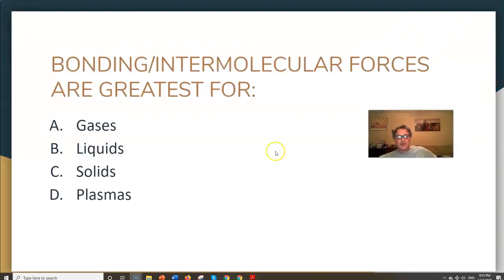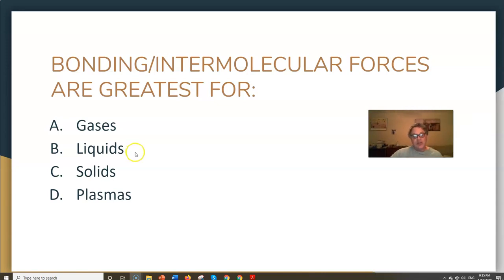Which of these states of matter is associated with the greatest forces, bonding or intermolecular forces? Which of these, gases, liquids, solids, or plasmas, is associated with the greatest forces and the greatest degree of order?